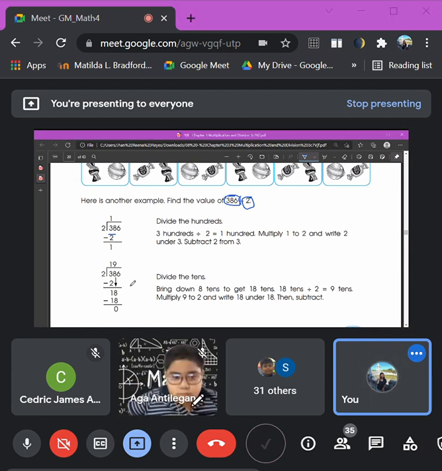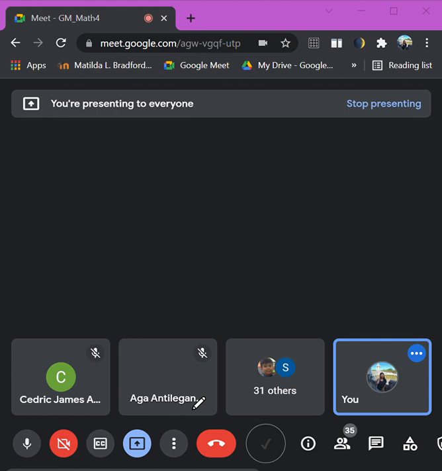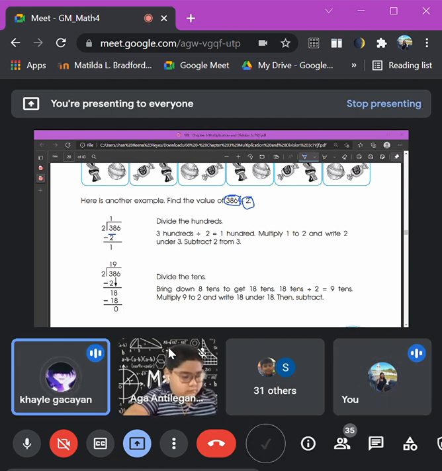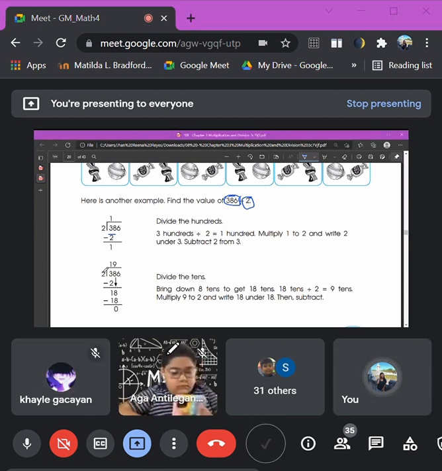So, in our tens place, kanina po siya atong i-divide sa ato ang 2. So, 18 divided by 2, pila? Okay, very good. That is 9. Because 9 times 2, that is equivalent to 18. And then, ato siyang i-subtract 18 minus 18, that is equivalent to 0.